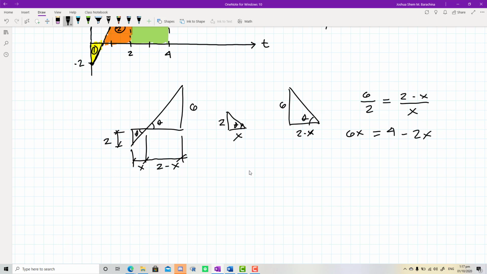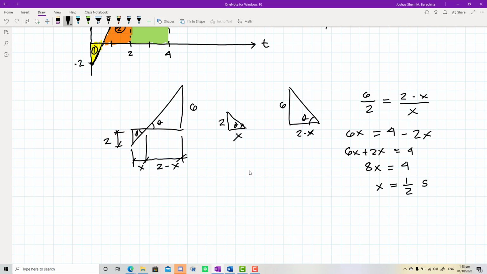And then 6x here, transpose to the other side, yung negative 2x, magiging positive 2x is equal to 4. Adding these two together, you have 8x. This is equal to 4. Your x is equal to 1/2. And its unit is seconds.